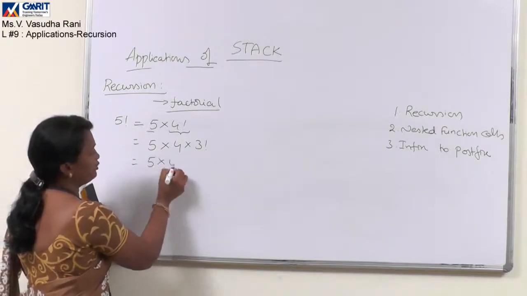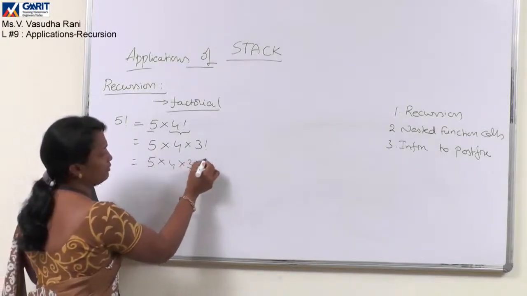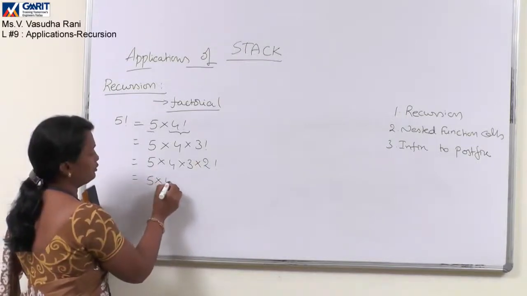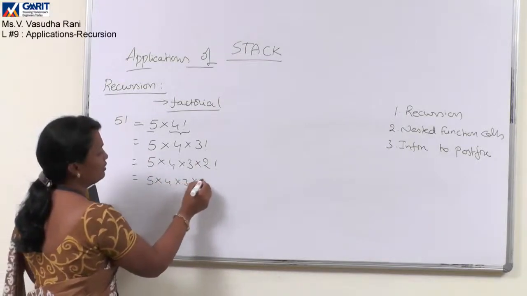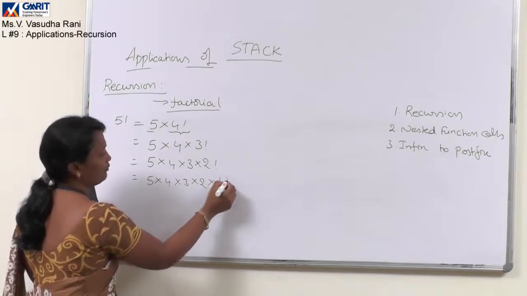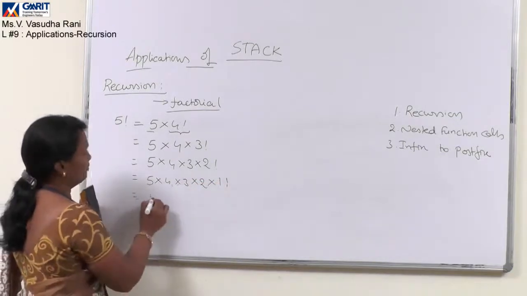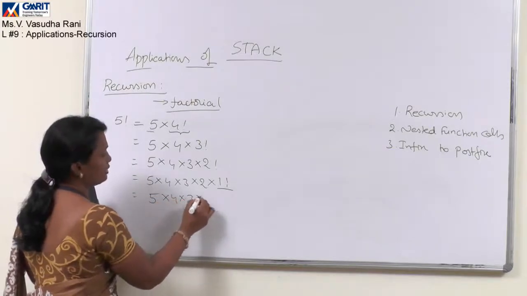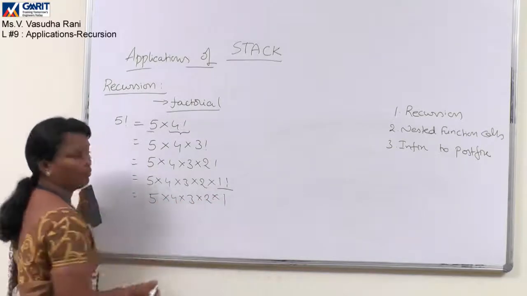So it is 5 into 4 into 3 into 2 factorial, 5 into 4 into 3 into 2 into 1 factorial. So we finally get 1 factorial equal to 1. So it is 5 into 4 into 3 into 2 into 1.